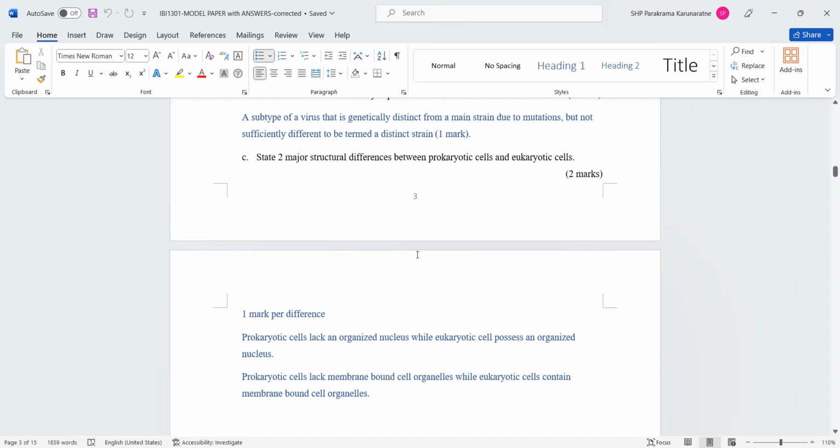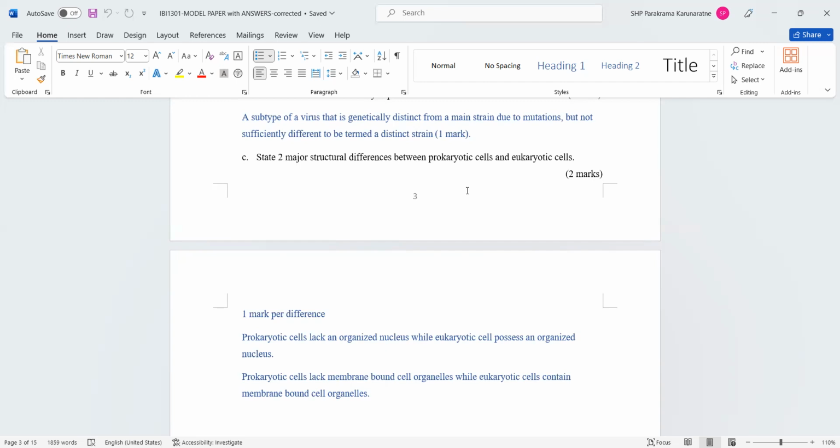Likewise, you can be questioned about the differences between a virus and a prokaryotic cell. Then you have to write the difference between virus and bacteria. For example, in bacteria, the prokaryotic cell, you get the capsule, whereas in a virus you get the capsid. You don't find a capsid in bacteria, and you don't find a capsule in a virus. Also, bacteria are large while viruses are small, and bacteria can multiply independently by themselves, whereas a virus always needs a living cell.